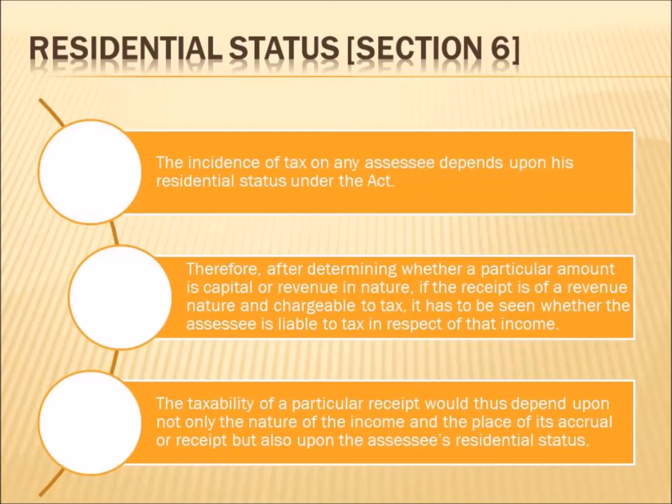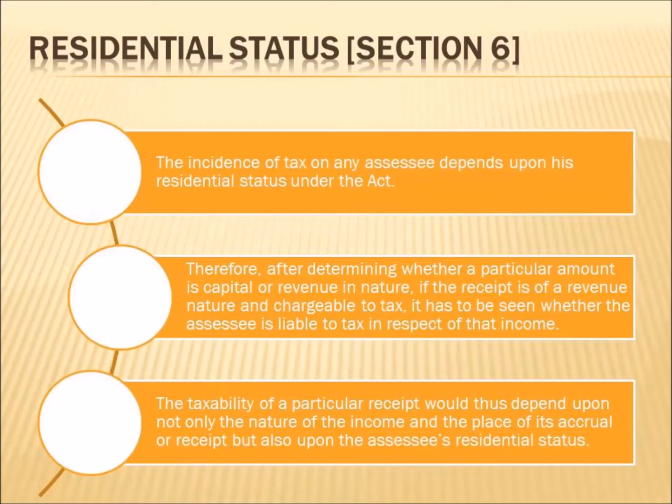The taxability of a particular receipt would thus depend upon not only the nature of the income and the place of its accrual or receipt, but also upon the assessee's residential status. So there are three things which will determine the taxability of a particular receipt. Number one, whether it is revenue or capital in nature. Number two, the place of its accrual and receipt. And number three, the most important, is the assessee's residential status.